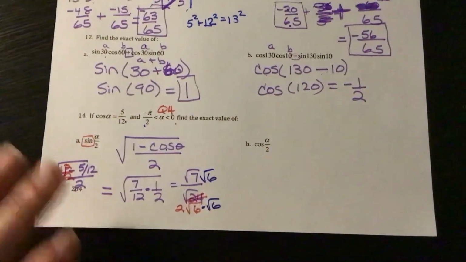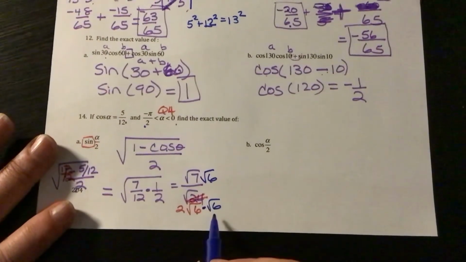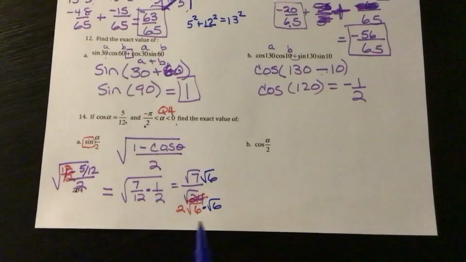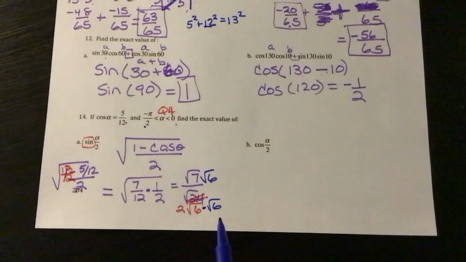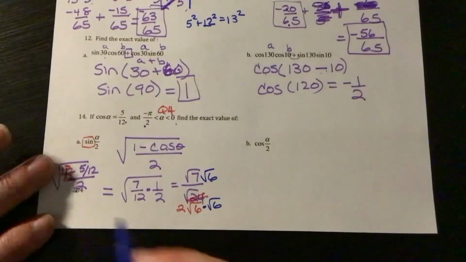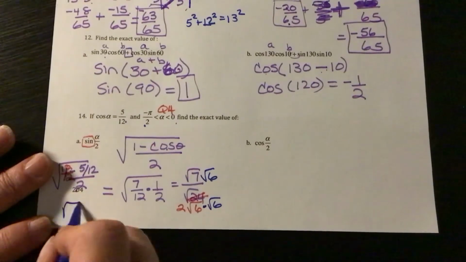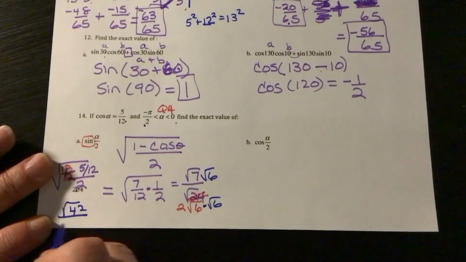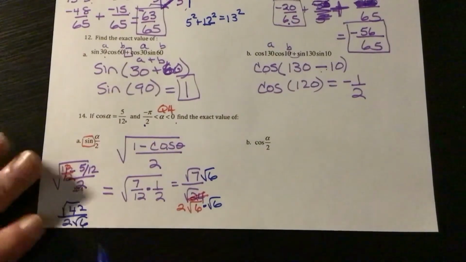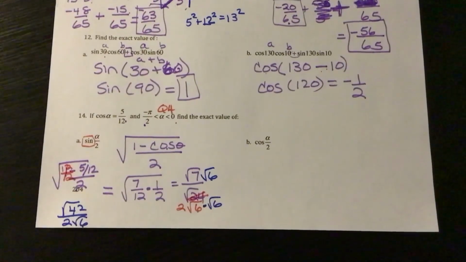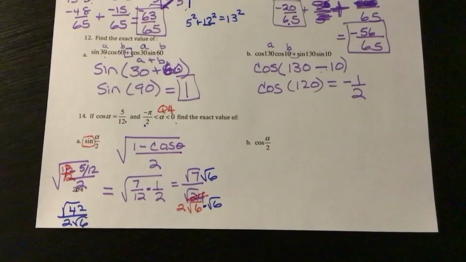So this is the square root of 42 over 2 square root of 6. All right, so that looks like it's pretty simplified.